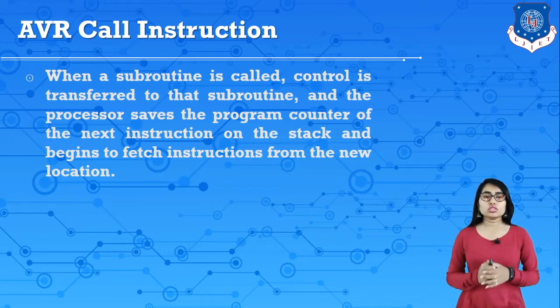So the processor saves the program counter of the next instruction, that means the address of the next instruction, on the stack, and begins to fetch instructions from the new location.